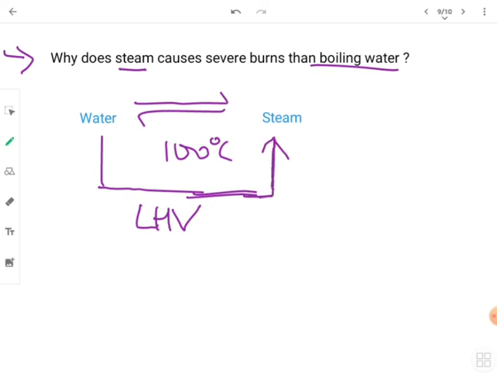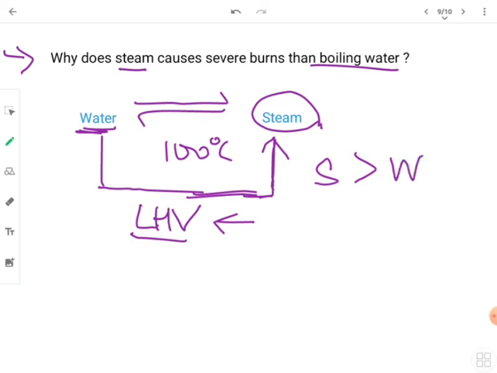Now when the particles have changed from water to steam, the particles of steam have comparatively more energy than the particles of normal boiling water, because they have this extra energy in the form of latent heat of vaporization. Water had initially some energy, then it absorbed more energy in the form of latent heat of vaporization, and it got converted into steam. So we say that steam particles have more energy than the normal boiling water.